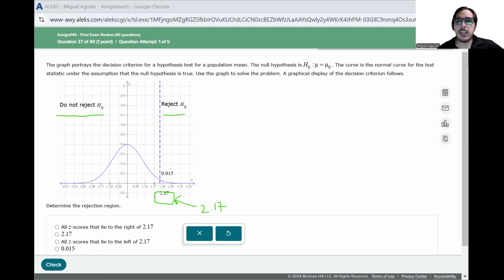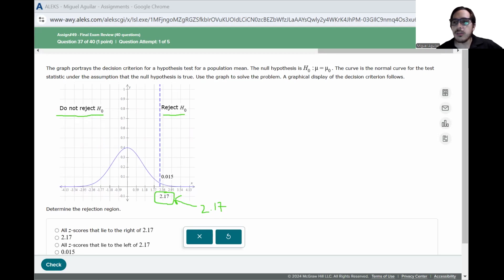0.015. Okay. Now that number was throwing me for a loop a little bit, so let me draw this real quick. This number seems really small, right? If we think about 1.0 or 100% of the probability lying underneath the curve, and I subtract 0.015, what do I expect to get?